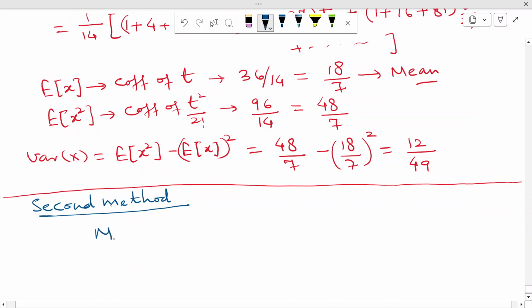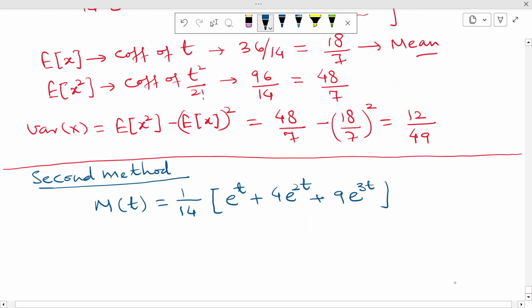Our moment generating function, we have already obtained. So this is 1 by 14, and we are having e to the power t plus 4 times e to the power 2t plus 9 times e to the power 3t.